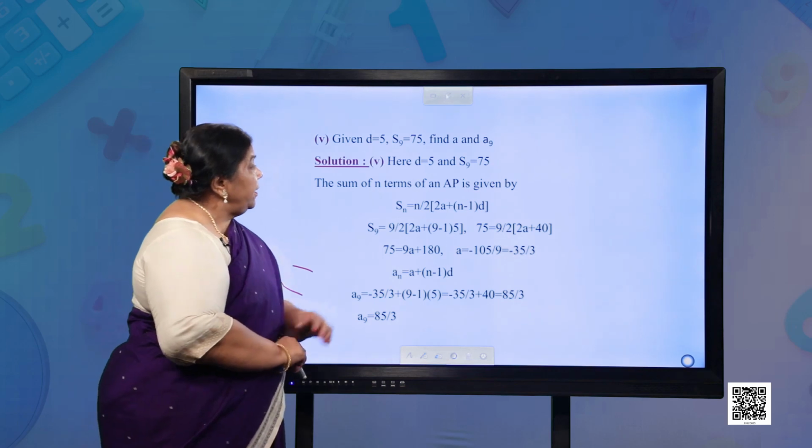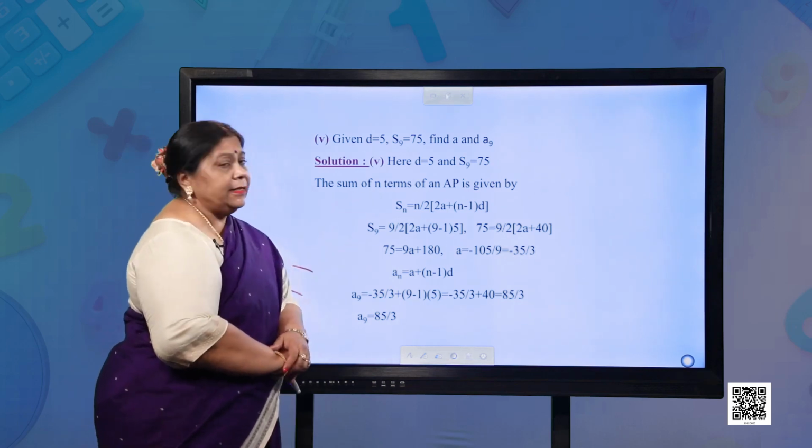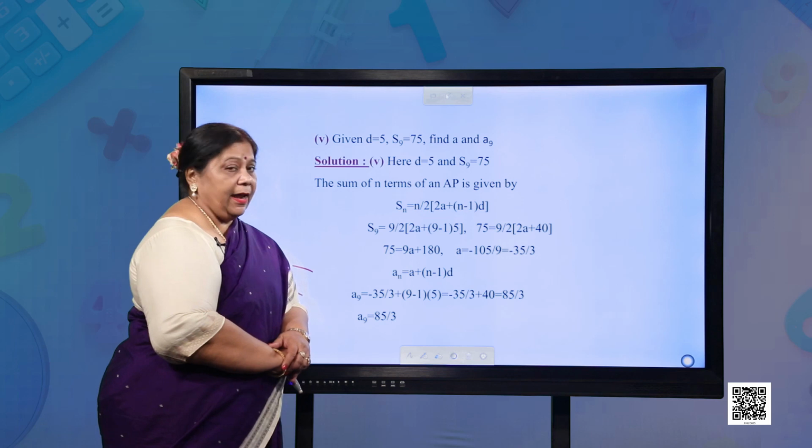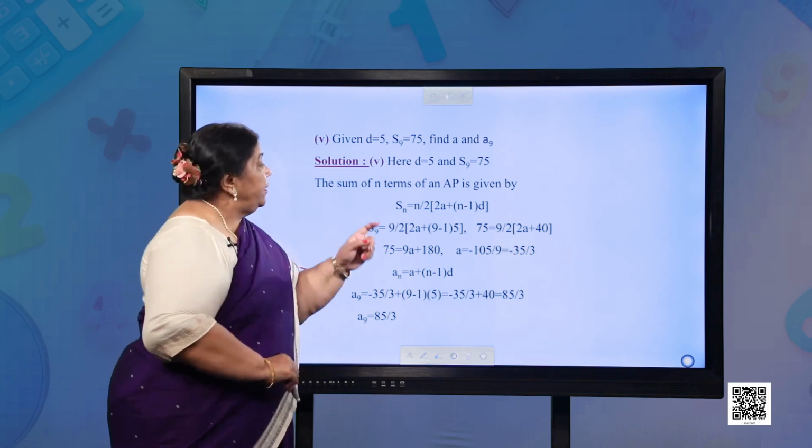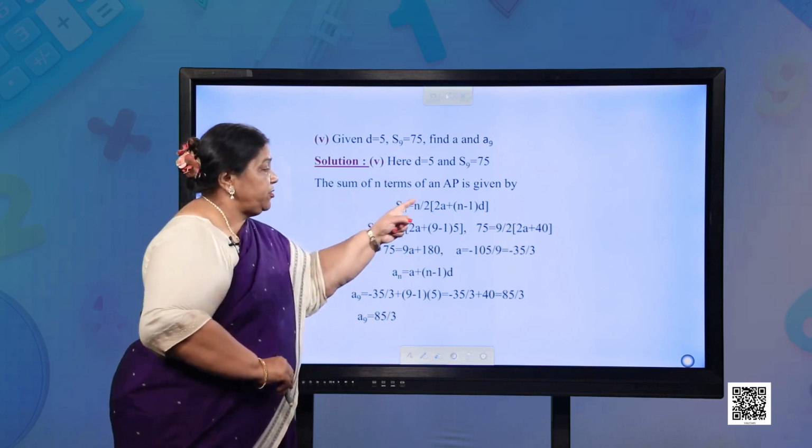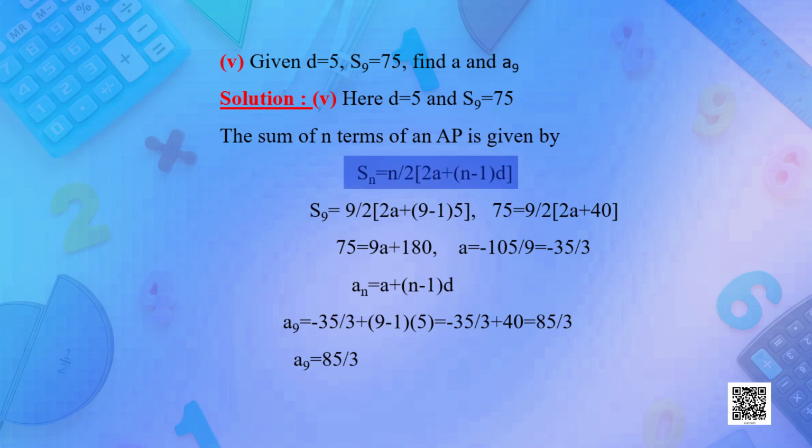Here given D is equal to 5, S9 is 75, find A and A9. Here sum of n terms of an AP is given by Sn is equal to n upon 2 into 2A plus n minus 1 into D. On substituting the values, S9 is equal to 9 upon 2 into 2A plus 9 minus 1 into 5, that is equal to 75 is equal to 9 upon 2 into 2A plus 40.